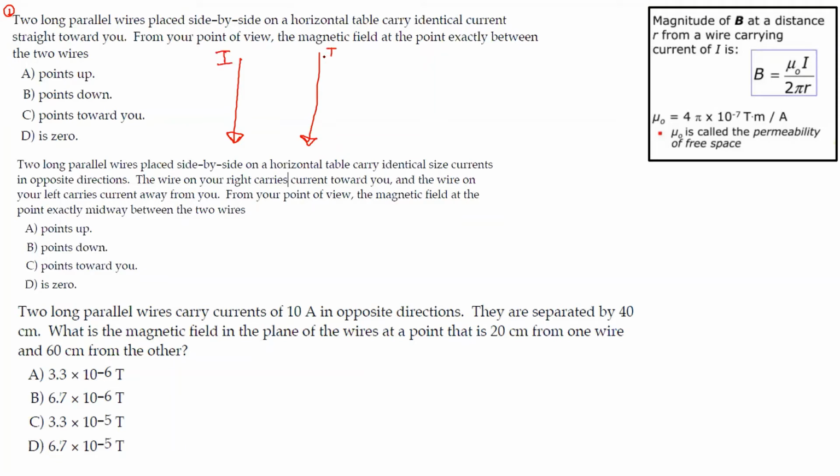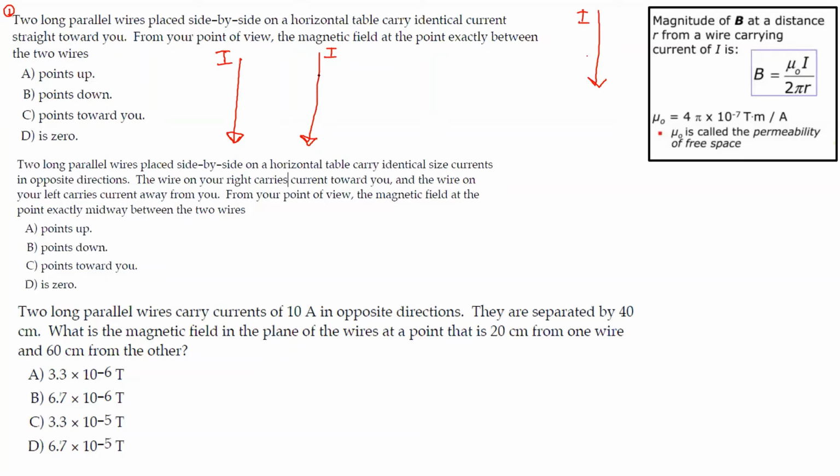So when we get problems like this, what I usually like to do is draw one of the wires on one side, away from the problem, and then mark the B field around it. Here the current is going down, towards the bottom of the page.